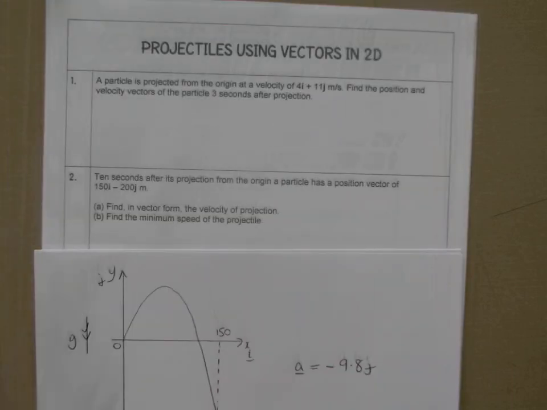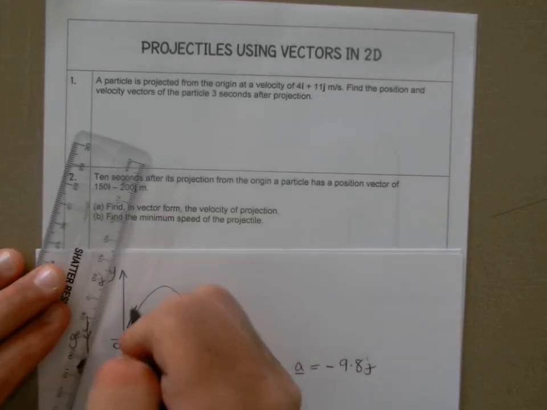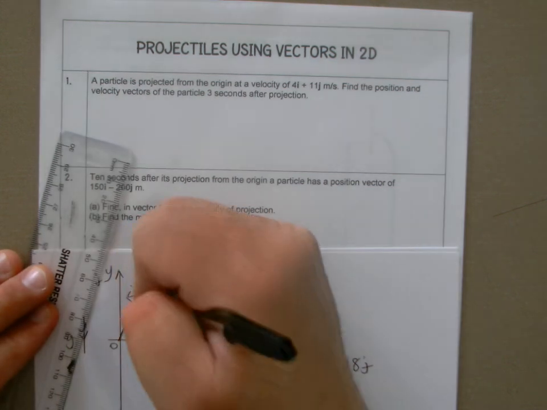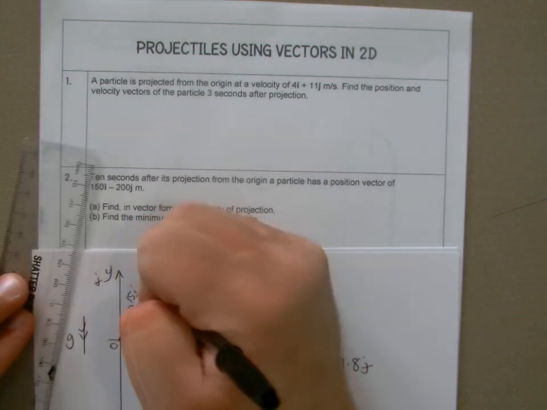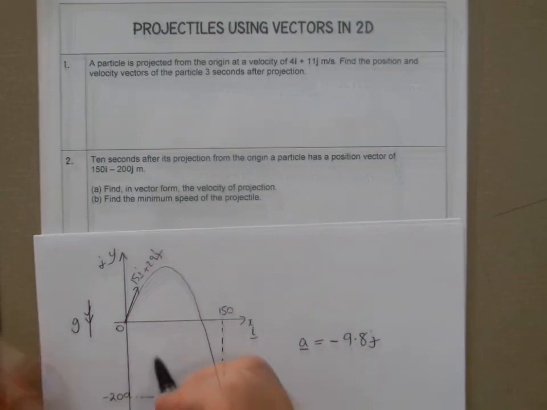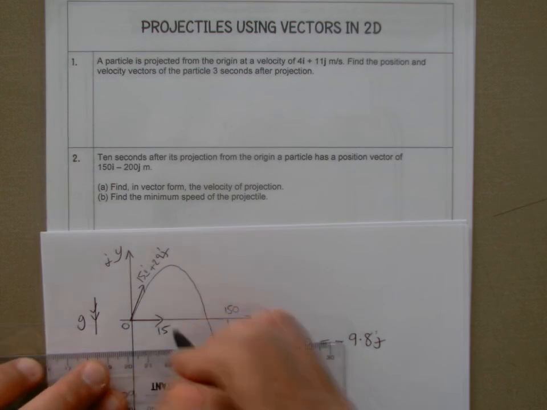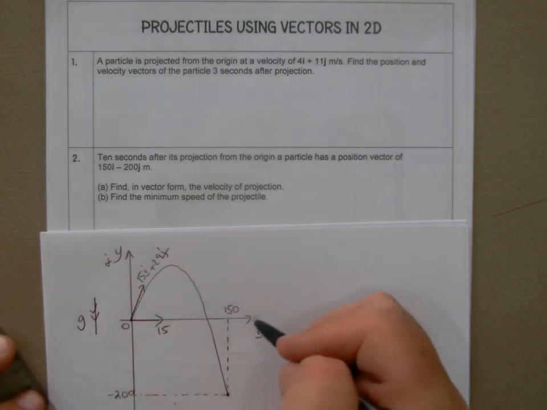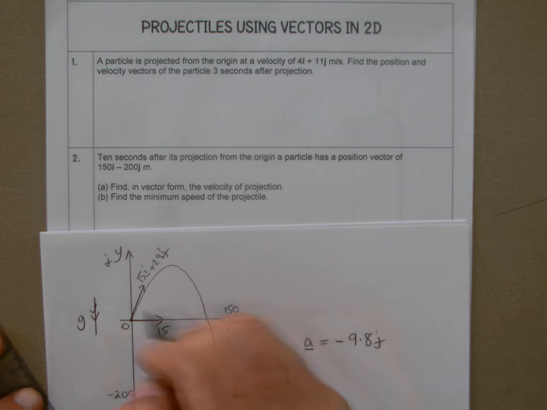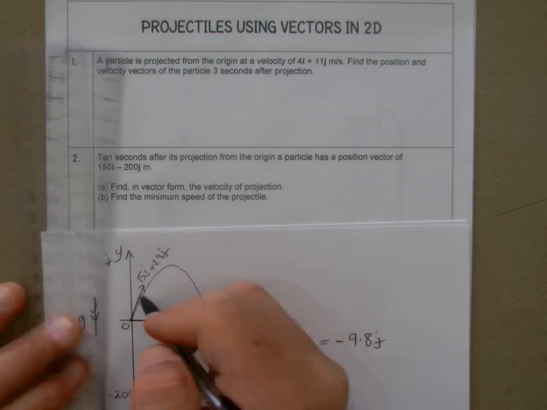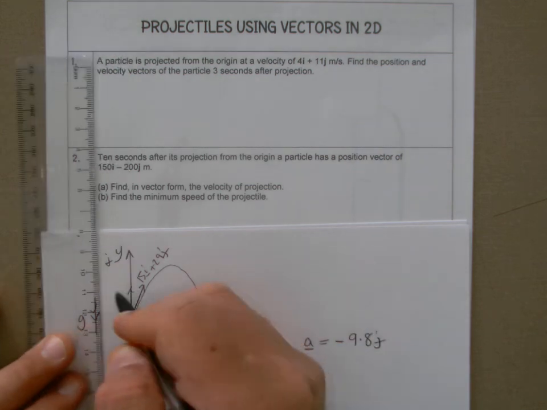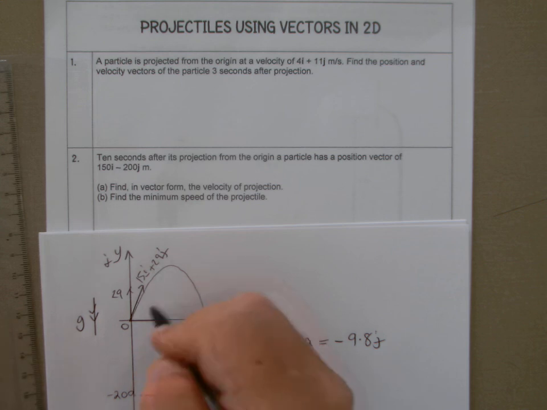So when we go back to the start here, we've got 15i plus 29j, while the horizontal part of that velocity, 15, stays constant, because there's no acceleration acting horizontally. The 29, the vertical component of the velocity, does change, because gravity affects it.